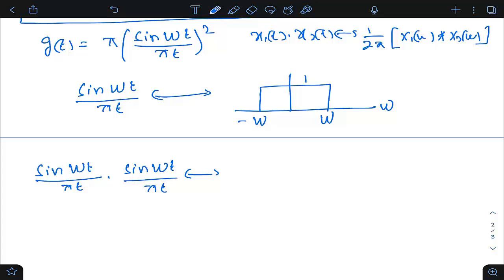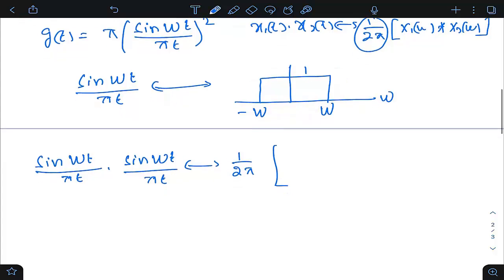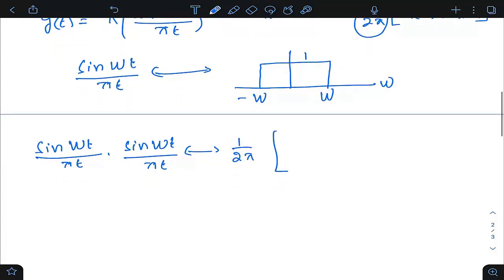So I have one additional multiplying factor 1 by 2π, and then the convolution of this pulse with itself, because both signals are the same. Whenever you convolve two rectangular pulses of equal width, the answer is a triangle. If unequal width, it is a trapezium.